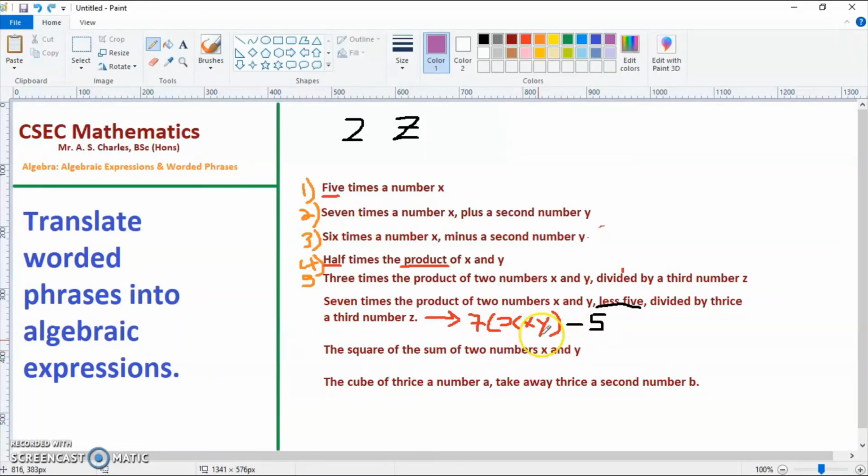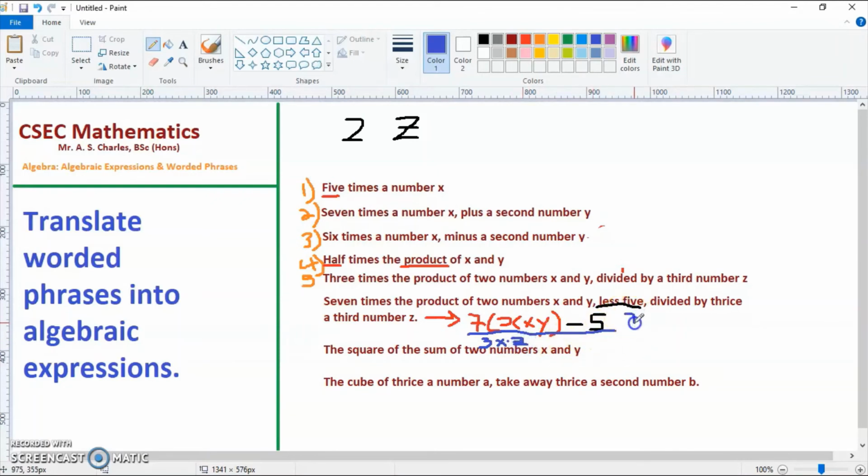So divided by thrice, or 3 times a third number, 3 times a third number z.